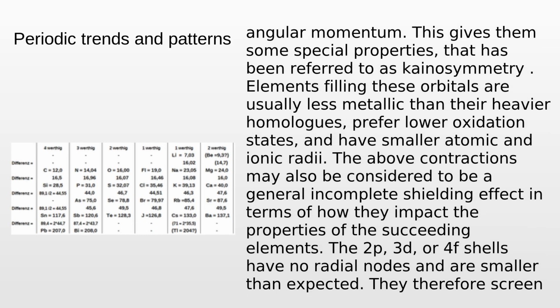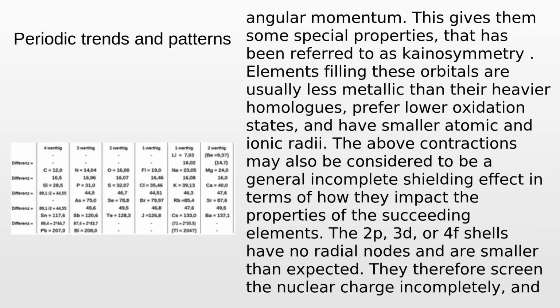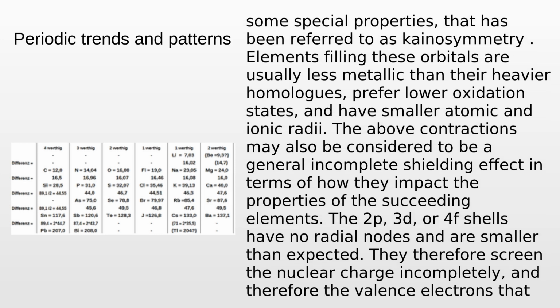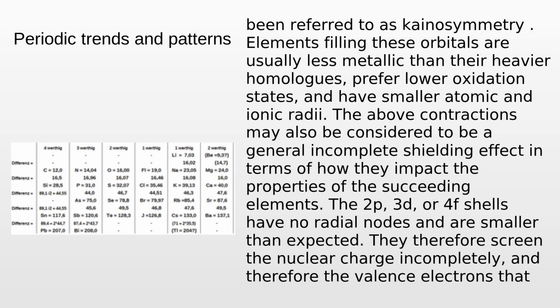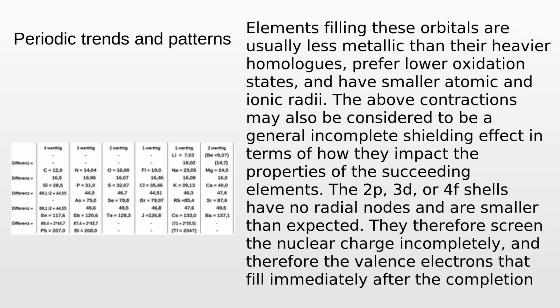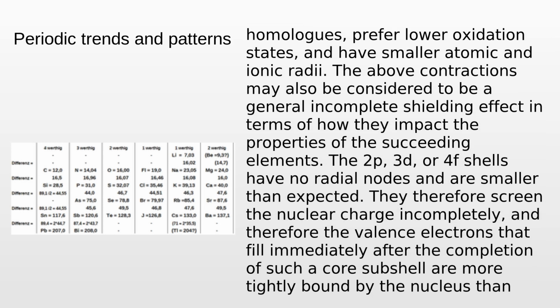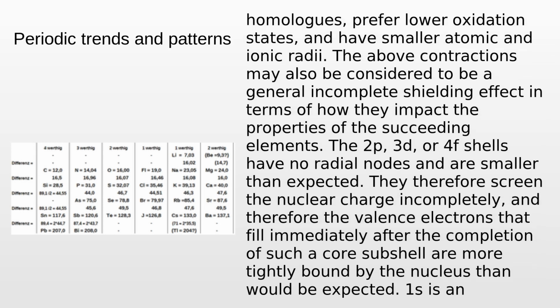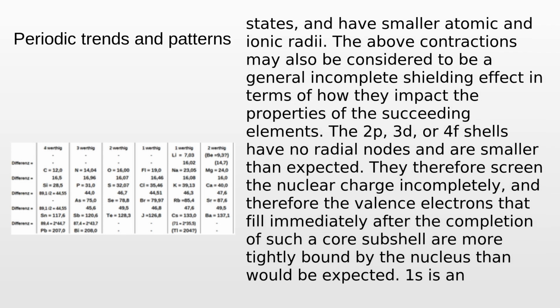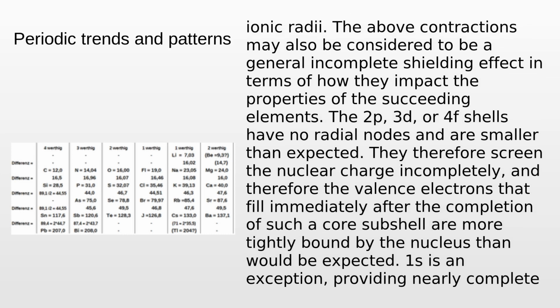Elements filling these orbitals are usually less metallic than their heavier homologues, prefer lower oxidation states, and have smaller atomic and ionic radii. The above contractions may also be considered to be a general incomplete shielding effect in terms of how they impact the properties of the succeeding elements.